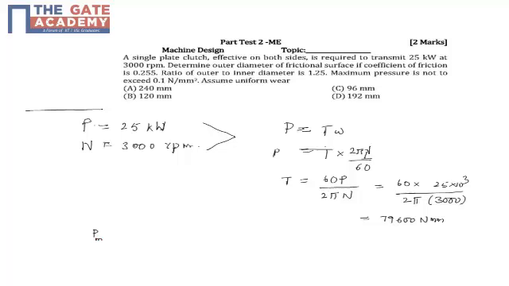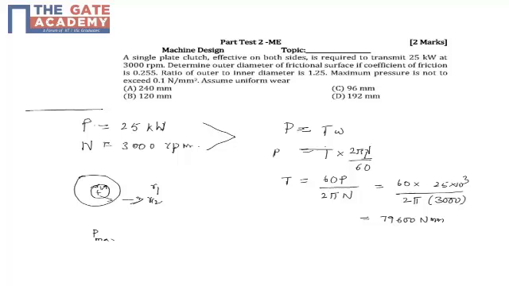Let's say you have the clutch like this, and the inner radius is R1 and the outer radius is R2.